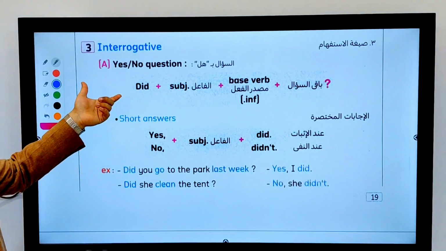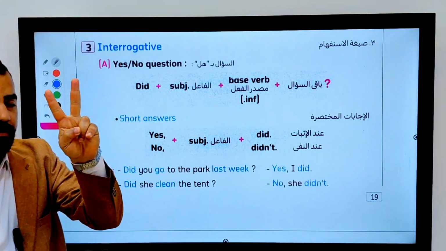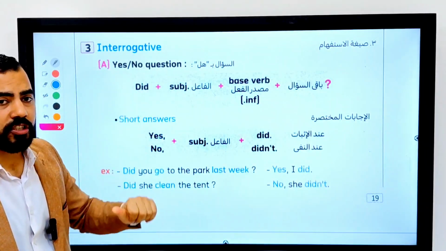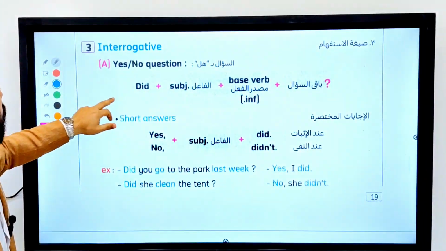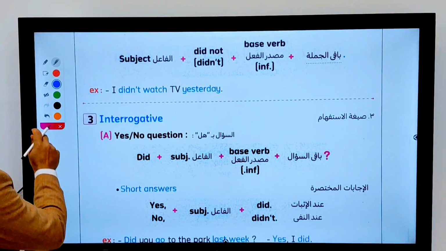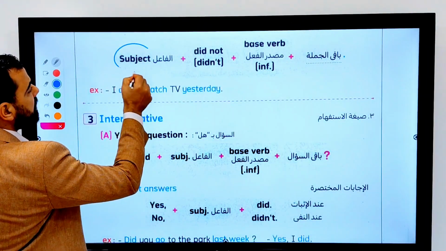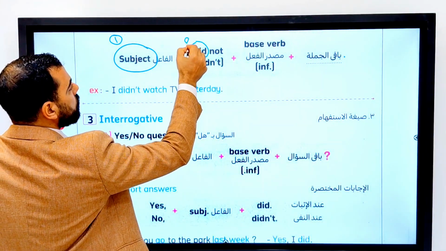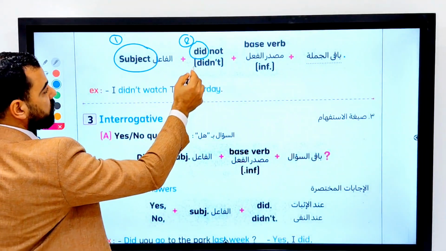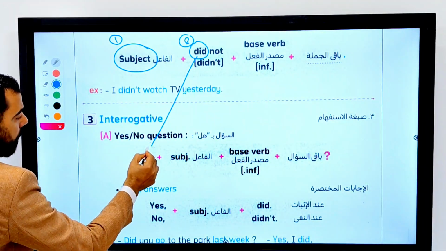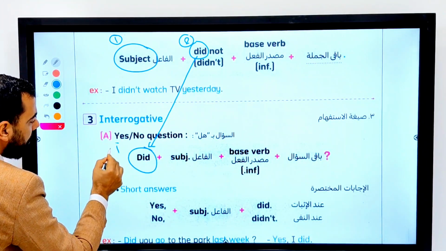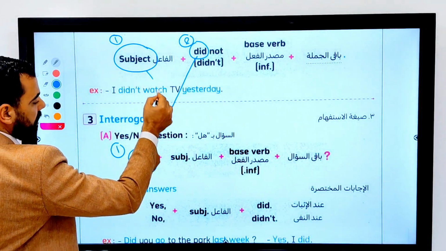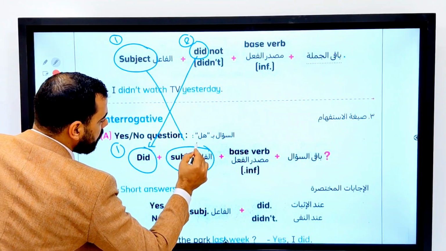Interrogative. Okay, so we have 2 kinds of interrogative. Yes, no question. In yes, no question, we start with did. Look, here the subject is number 1 and did is number 2. But in the question, did comes to be number 1, and the subject comes to be number 2.